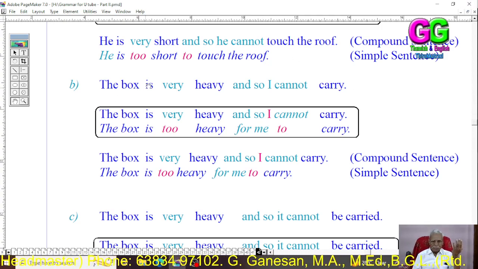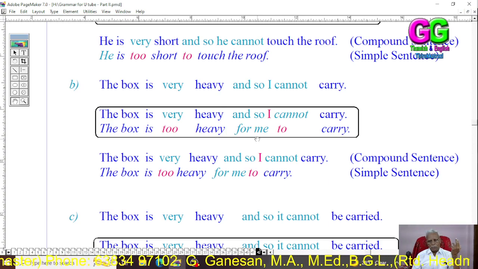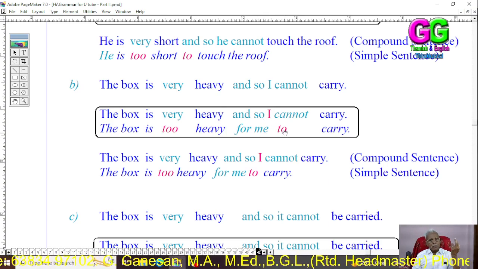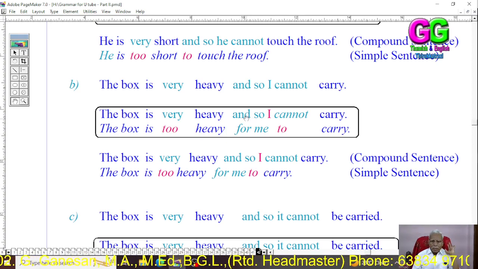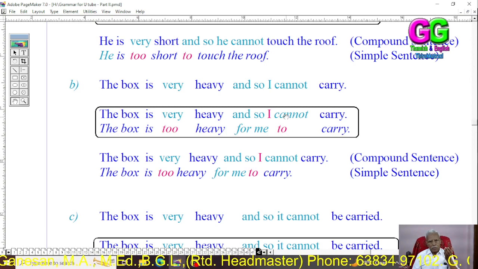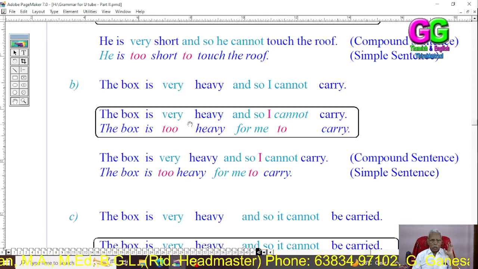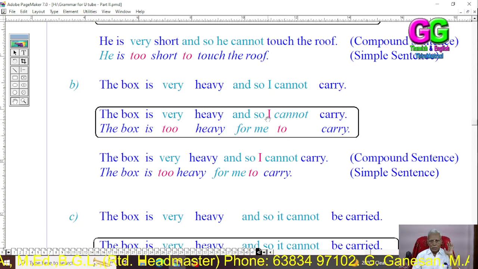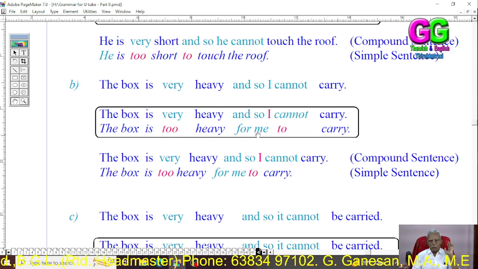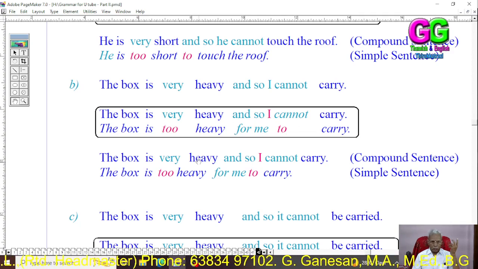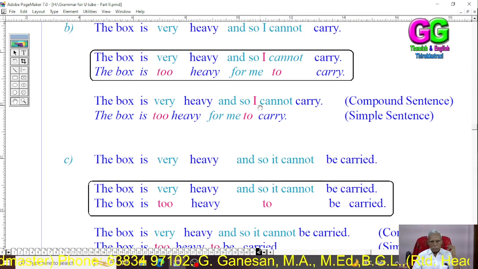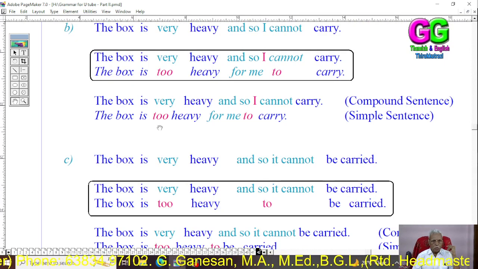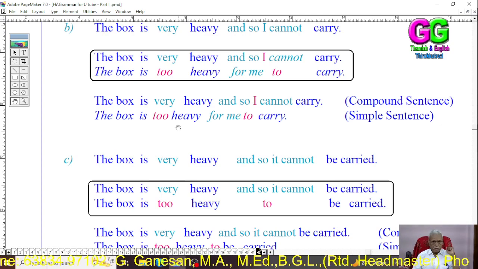So "and so cannot" is replaced by "too", and I becomes "for me". The box is very heavy, and so I cannot carry. The box is too heavy for me to carry.